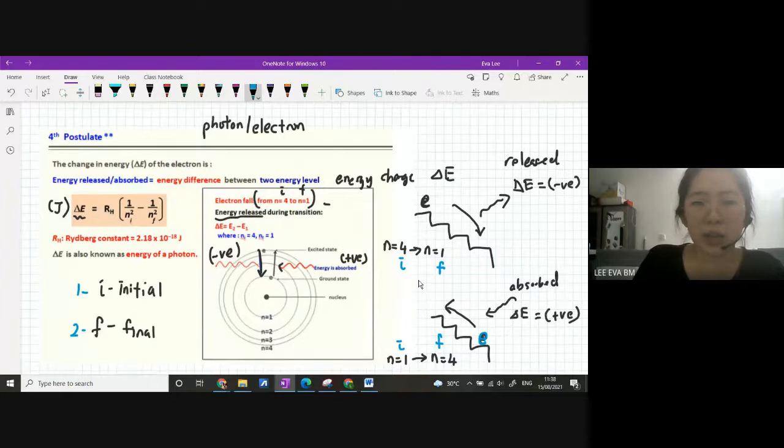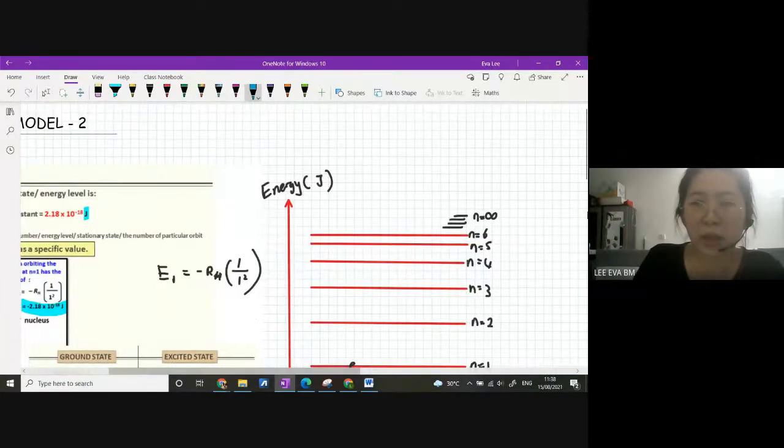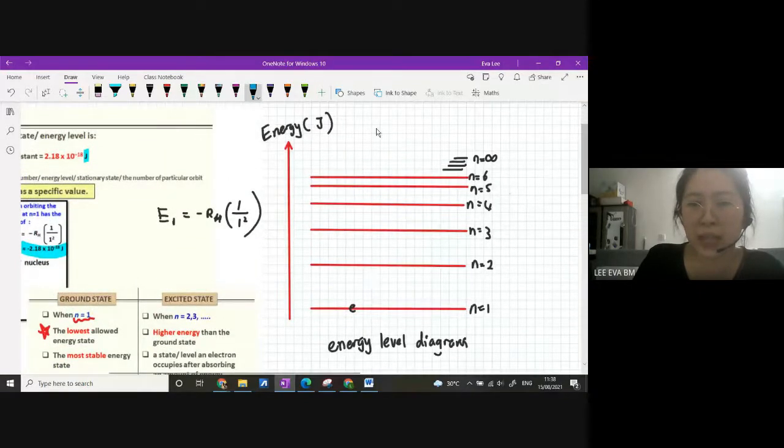Okay, so a little bit clearer if you want to use the energy level diagram. So madam guna contoh dekat sini untuk energy diagram. Tadi yang madam mention adalah electron dekat fixed energy level kan? Ini untuk postulate yang kedua. If let's say we want to discuss the energy change, we want to begin with energy absorb.